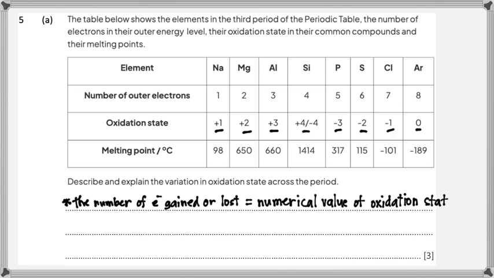These are the electrons that can be readily accepted or gained. Okay, that's what it meant. So that's what we were able to describe.